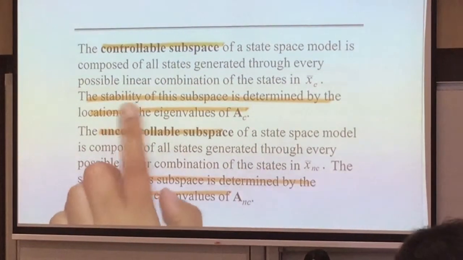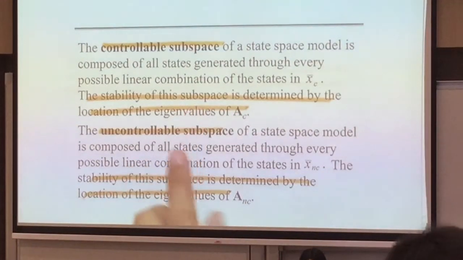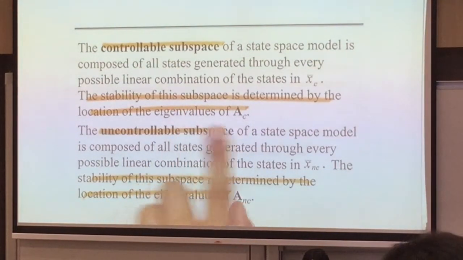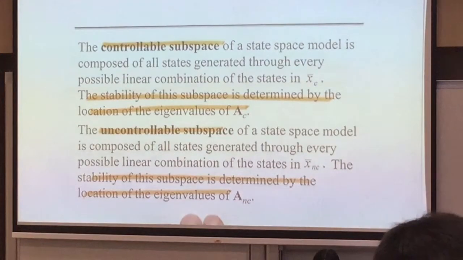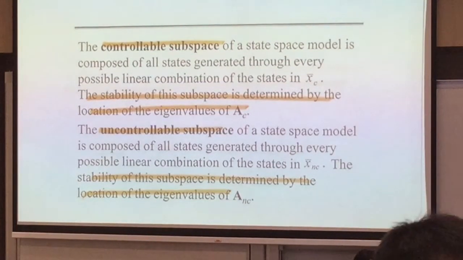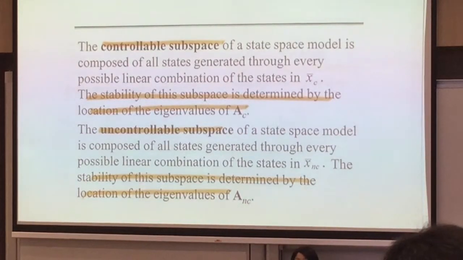The stability of the controllable subspace is determined by the eigenvalues of AC. The stability of the uncontrollable subspace is determined by the eigenvalues of ANC. So, the question is: is this system still stable?